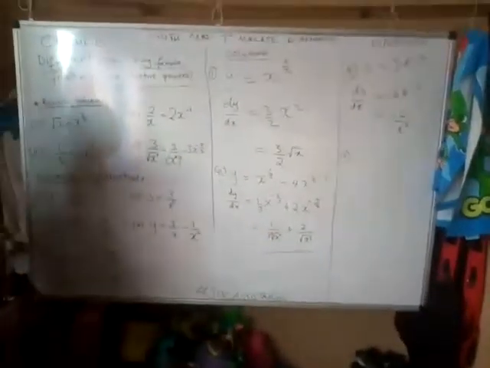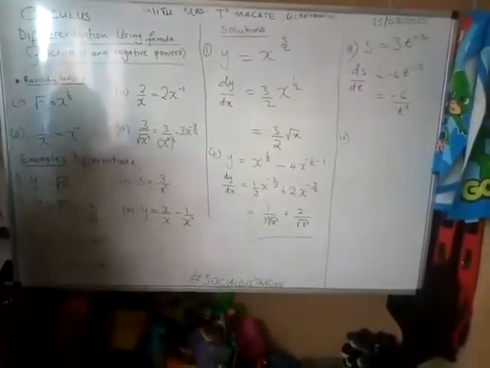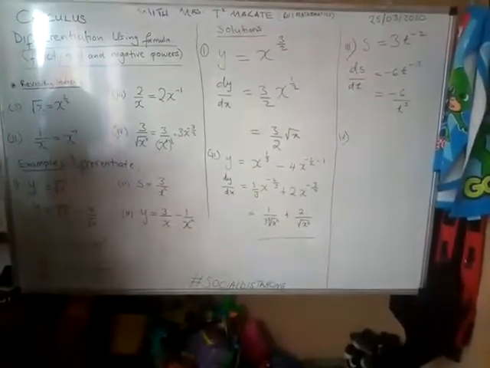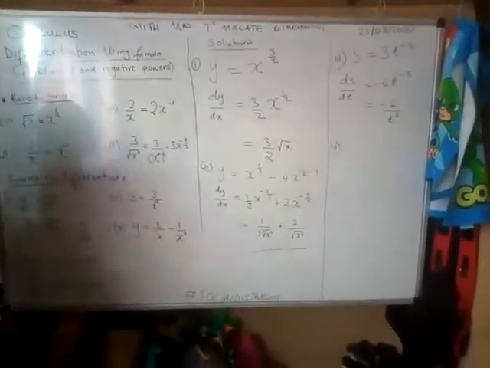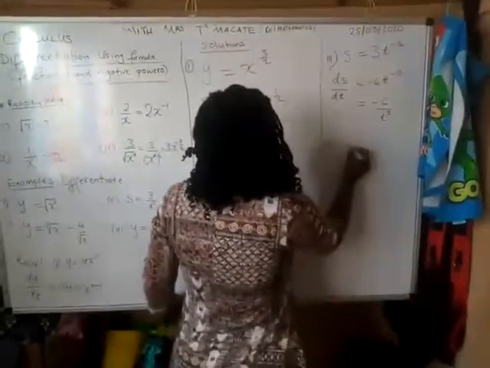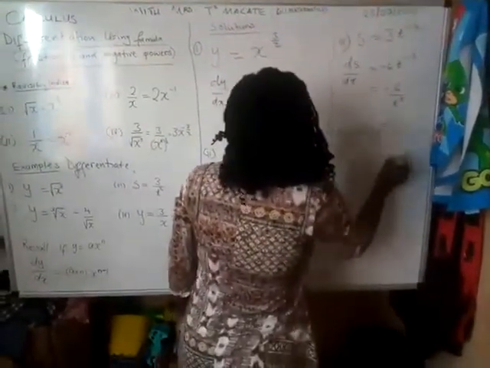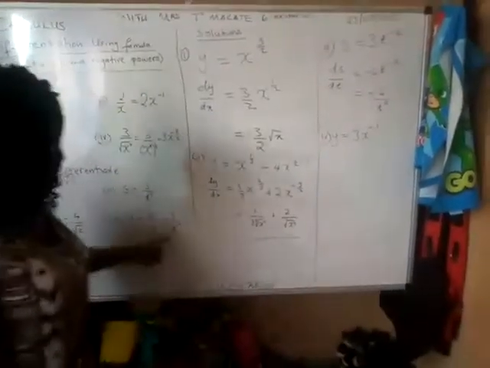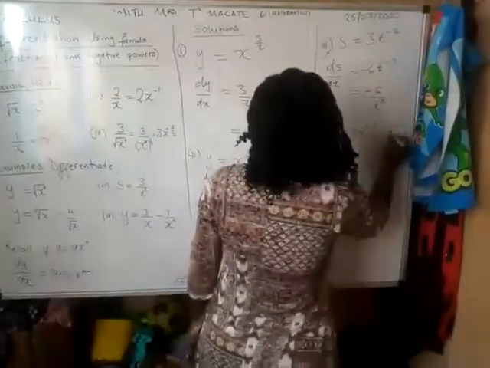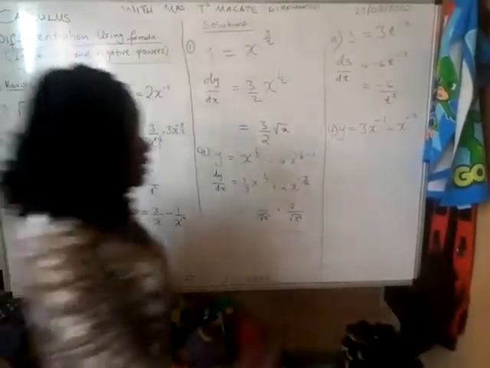So on number 4, we have something similar to 3. It's a fraction as well. y is equal to 3 over x minus 1 over x squared. So y will be expressed as 3x to the power minus 1 minus x to the power minus 2. We get our dy dx.